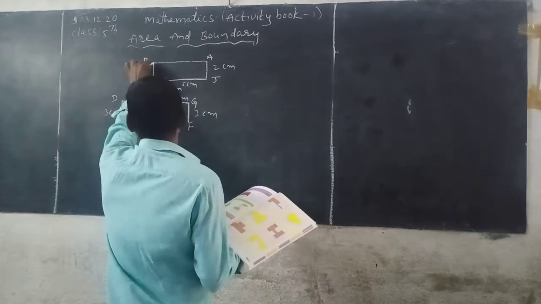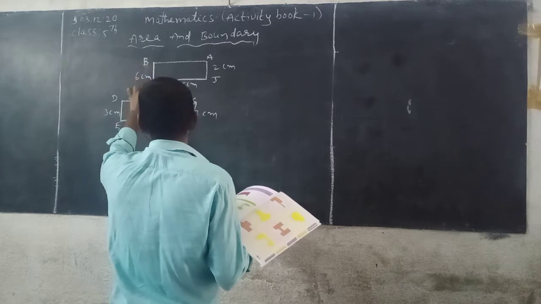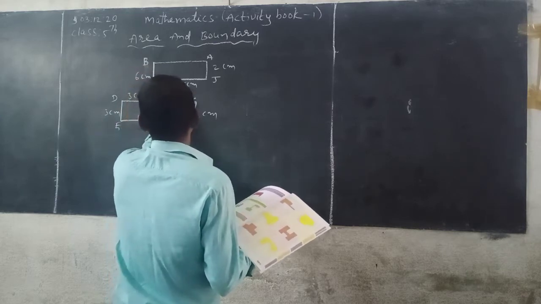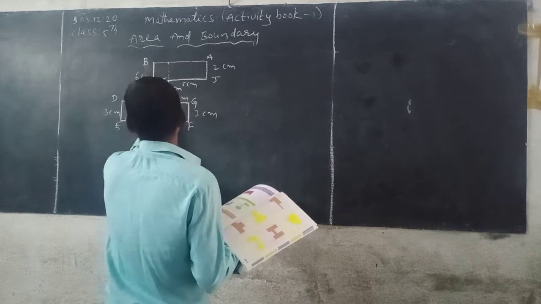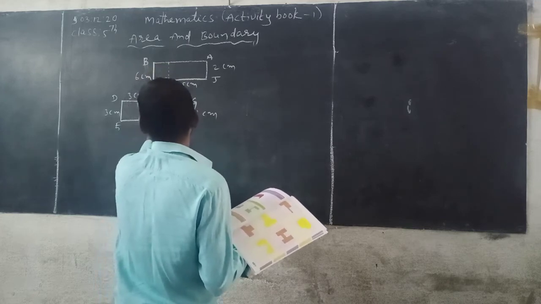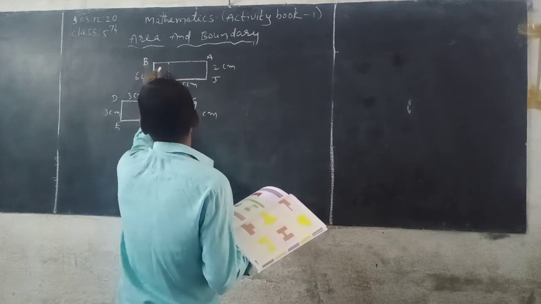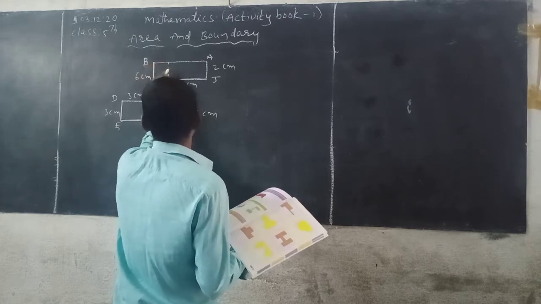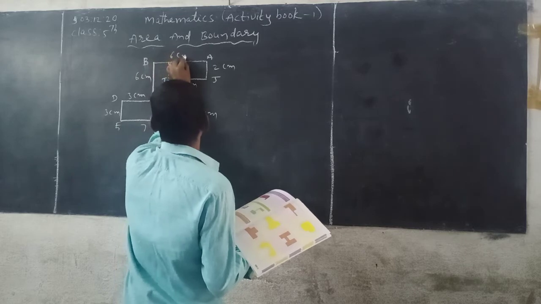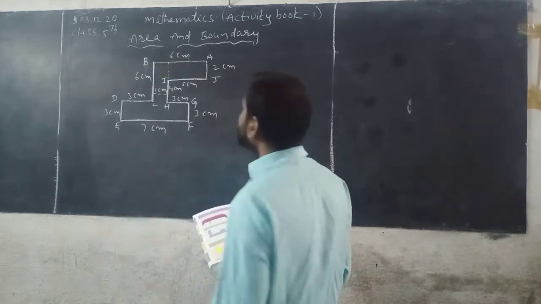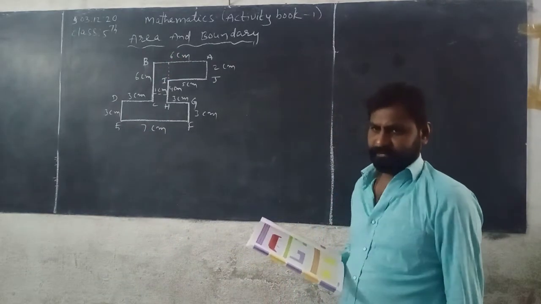See here, now this is 5 centimeters. Now this is 1 centimeter beta. Listen. See, this is also 1 centimeter. 5 centimeters plus 1 centimeter, you get 6 centimeters. Then AB is equal to 6 centimeters.